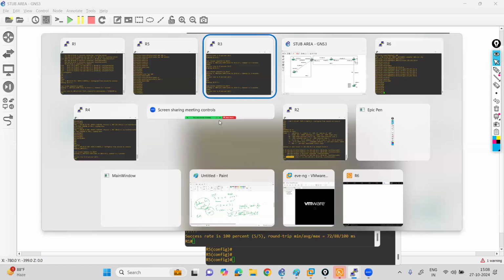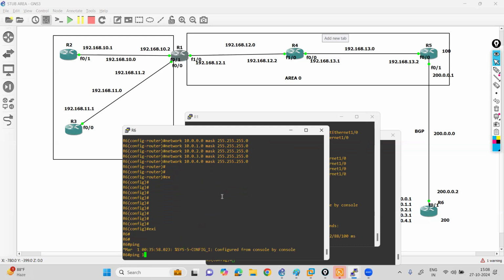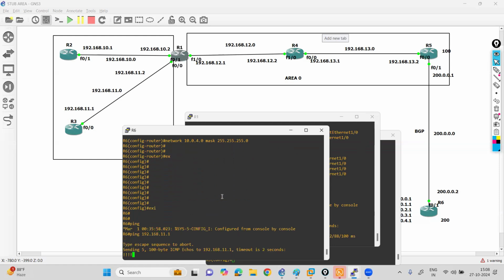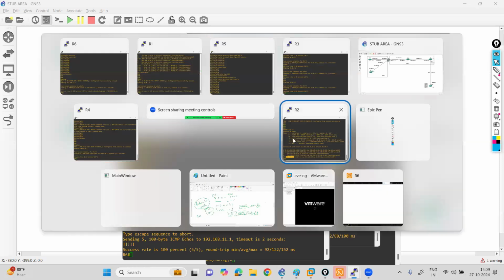Now let's see on R6, is the R6 pinging or not? Ping 192.168.11.1. Yeah, that is pinging, but R3 cannot ping. Let's talk about R2.